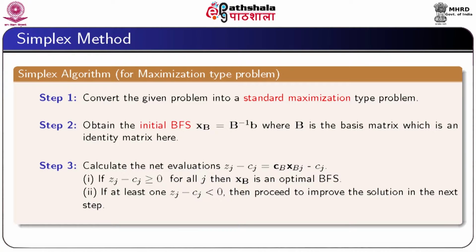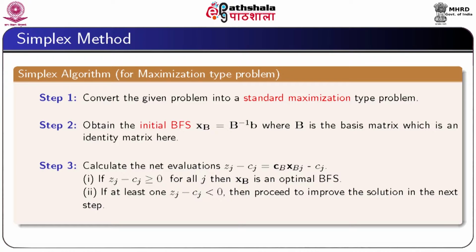Now, we come to the simplex algorithm. In step 1, we have to convert the given problem into a standard maximization form, and then in step 2, we should obtain an initial BFS, that is, basic feasible solution. Then in the next step, we will calculate the net evaluations Zj minus Cj, where Zj minus Cj is equal to Cv xbj minus Cj.